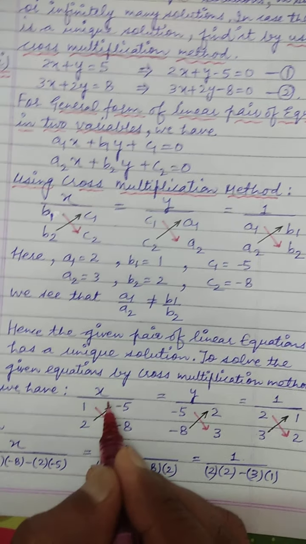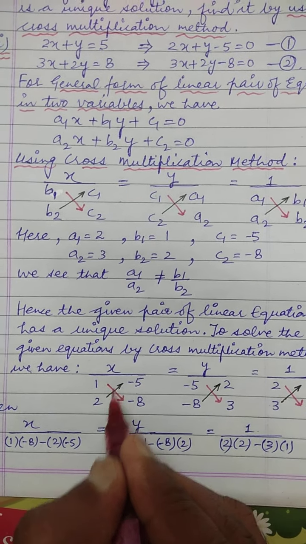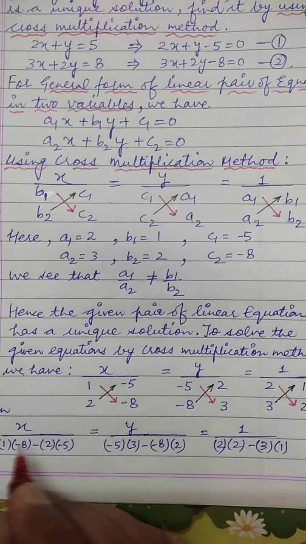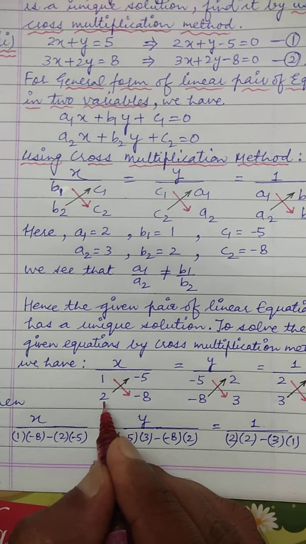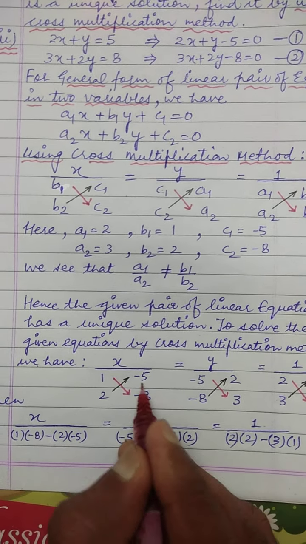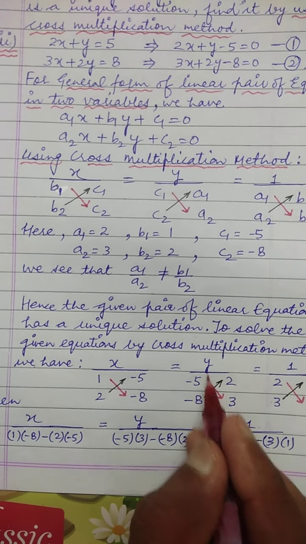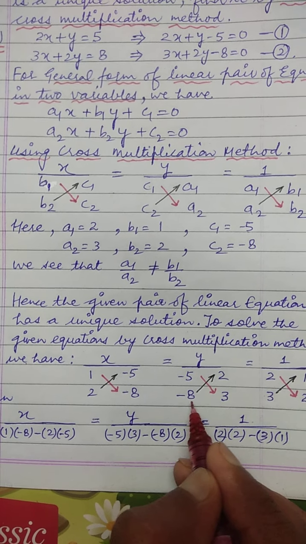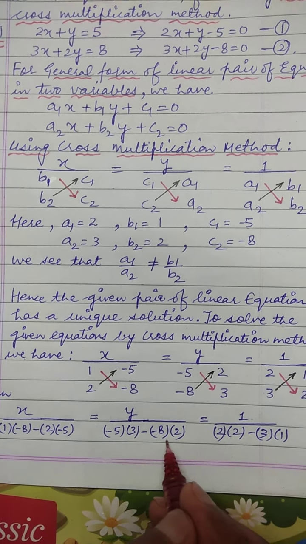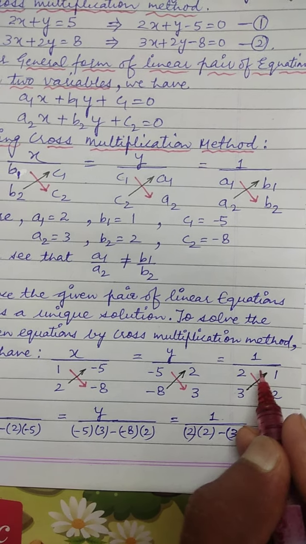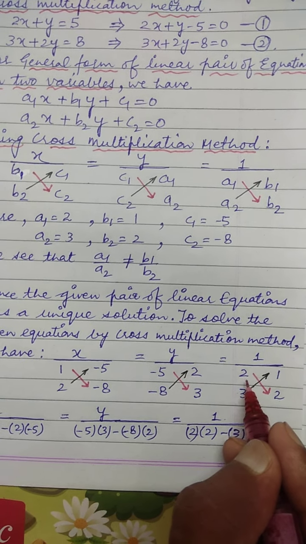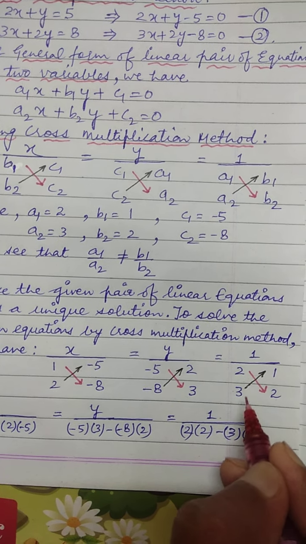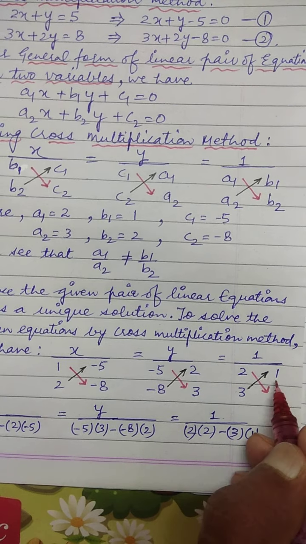First you take the column of x, so you multiply 1 by minus 8, and then subtract the product of 2 and minus 5. For the y column, first you take the product of minus 5 and 3, then you subtract the product of minus 8 and 2. And lastly, for the constants column, first you take the product of 2 and 2 and subtract the product of 3 and 1.